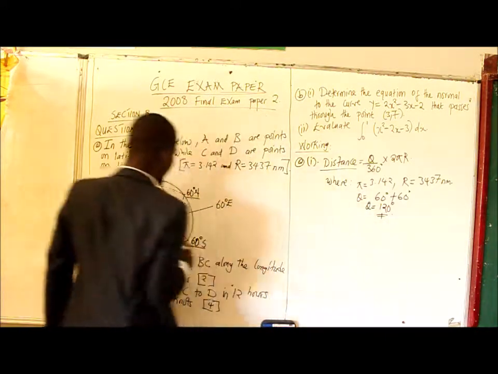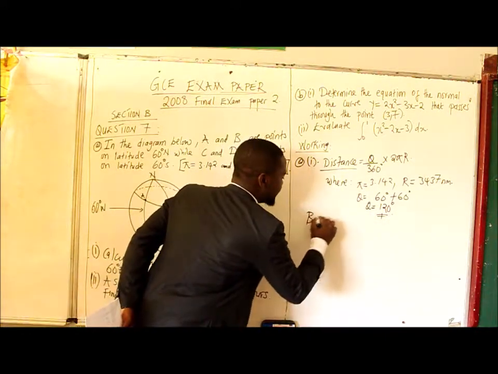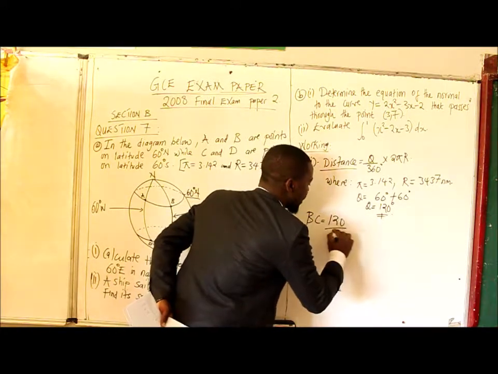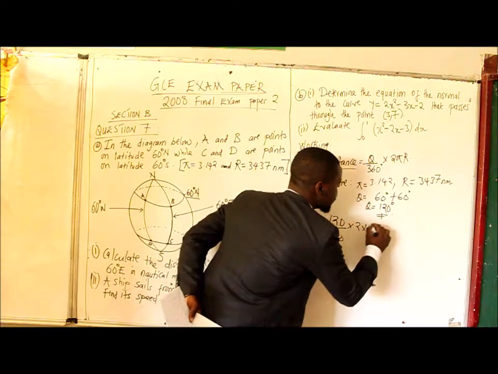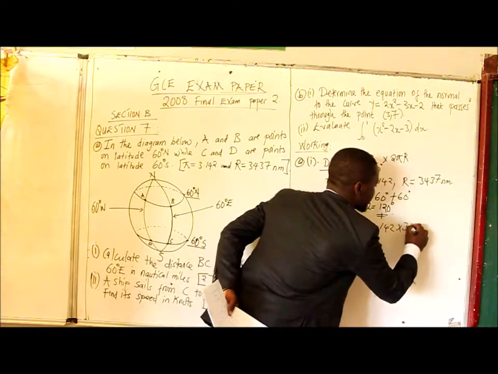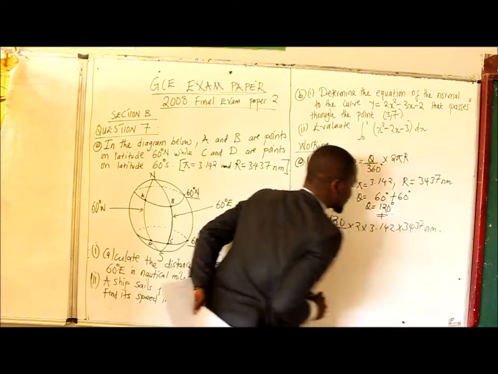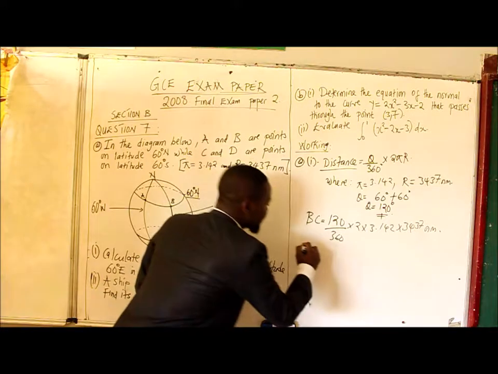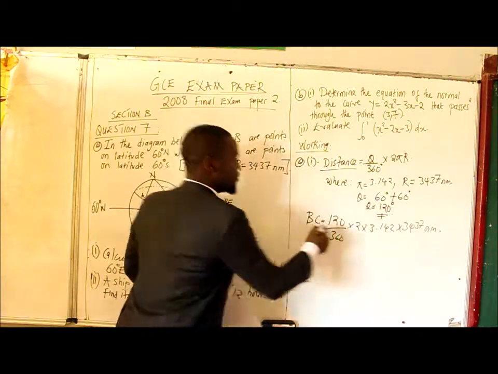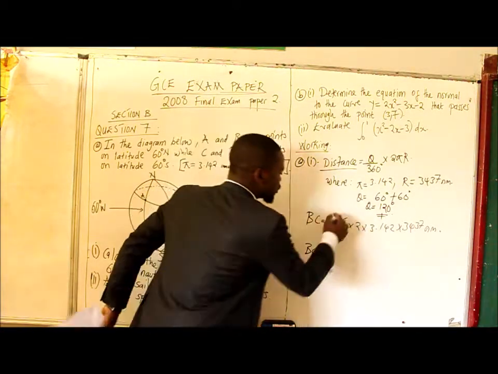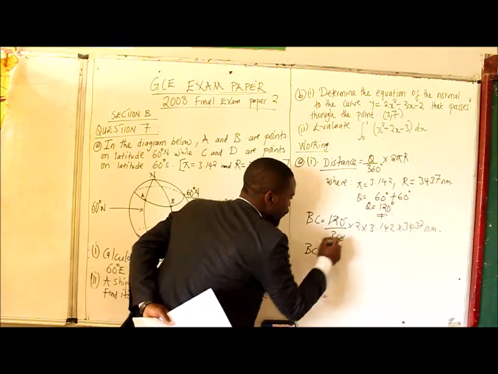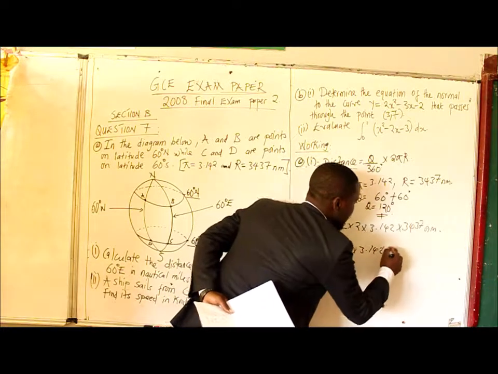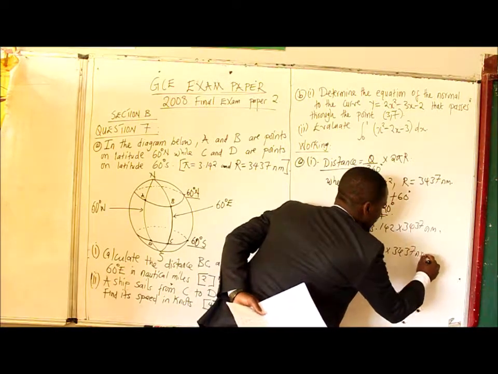So we're looking for the distance of BC. BC is equal to 120 over 360 times 2 times 3.142 times 3437 nautical miles. Since this is an exam paper, try simplifying your expression. 12 into 12 is 1, 12 into 36 is 3.